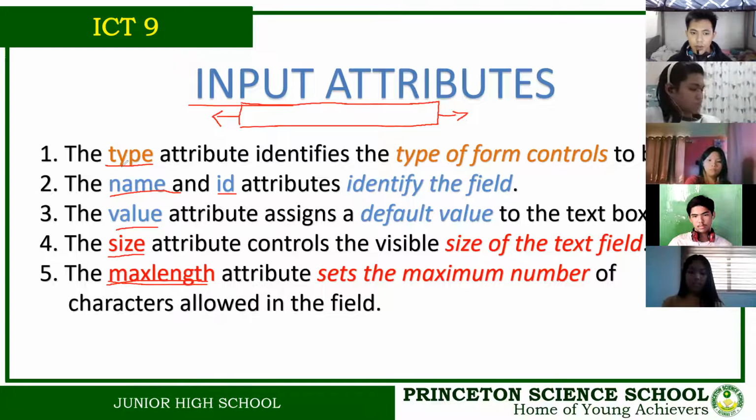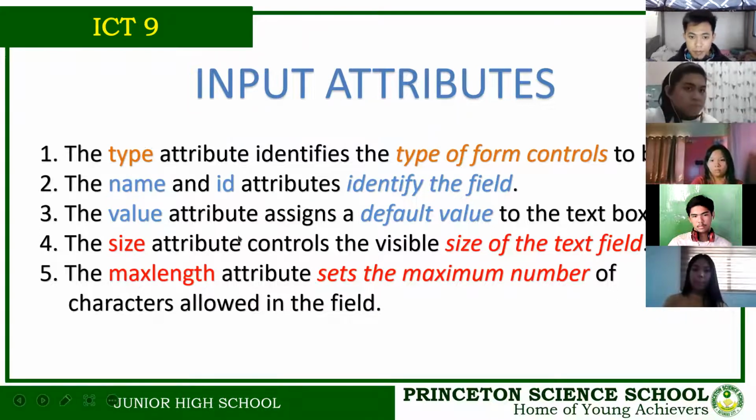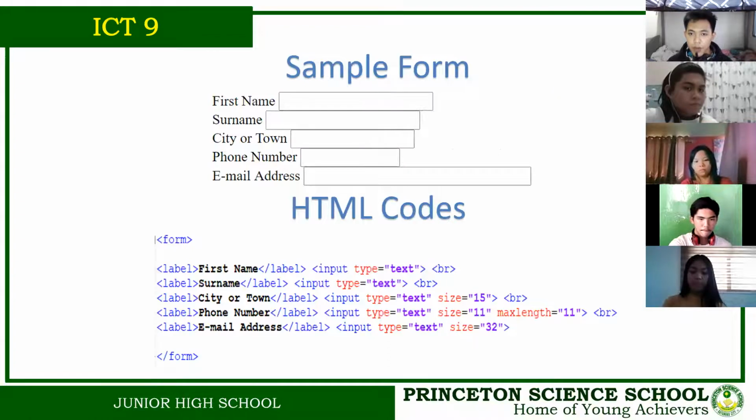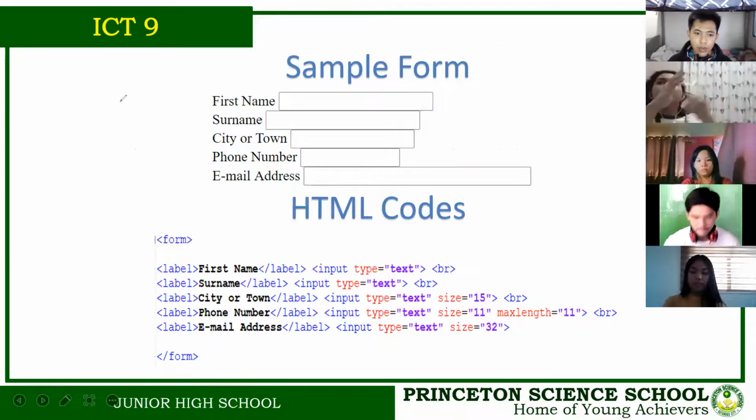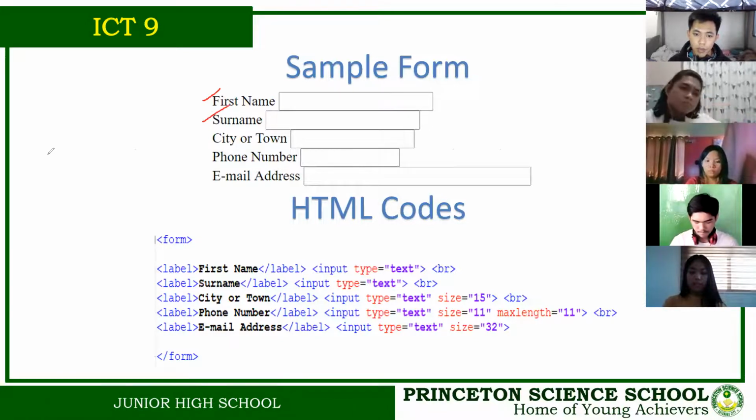Okay, so let's try to apply all of this. Okay, but first, let's look at the example. Okay, so looking at this example, so we have the first name, the surname. So it is in here. So no other formatting attributes still applied.